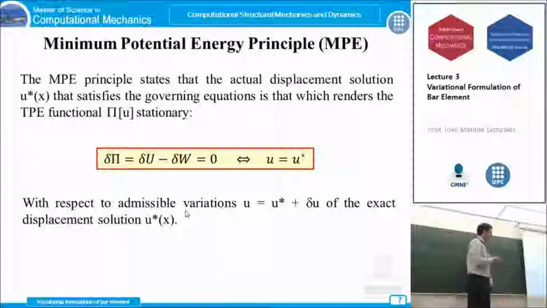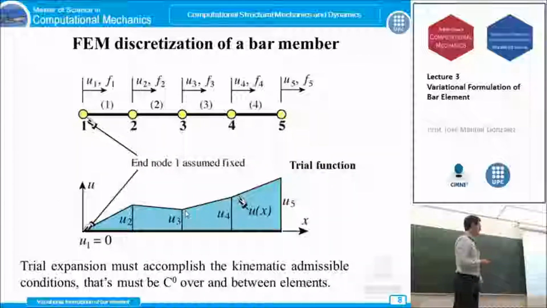Okay, so considering these admissible variations, we call it delta u of the real solution, we have a displacement function u, which is the real solution plus this delta u. This delta u satisfies this total potential energy principle, which is the one we're going to use, and we're going to do it in this way.